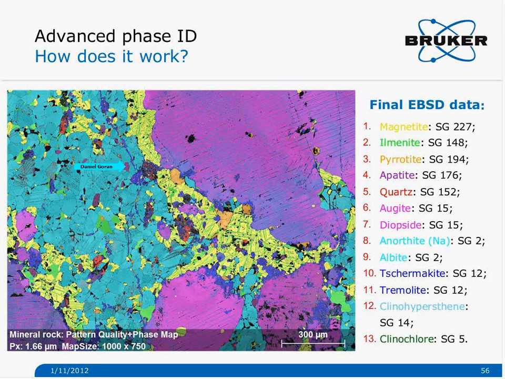The smart band detection is an option that we just inserted in the software. It's with the advanced phase ID. In the future it will be used in other parts of the software too.